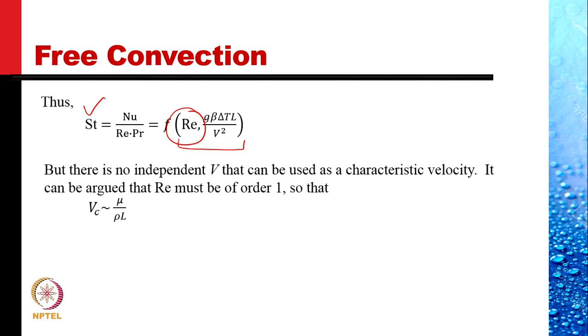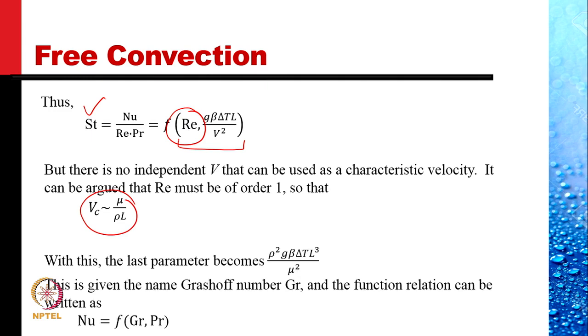If we set Reynolds number is equal to 1, the characteristic velocity should be like mu divided by rho L. With this parameter, which was obtained from equating the scale factor of inertial forces and the buoyancy forces, it becomes this. This is given the name Grashof number. It is abbreviated as Gr.